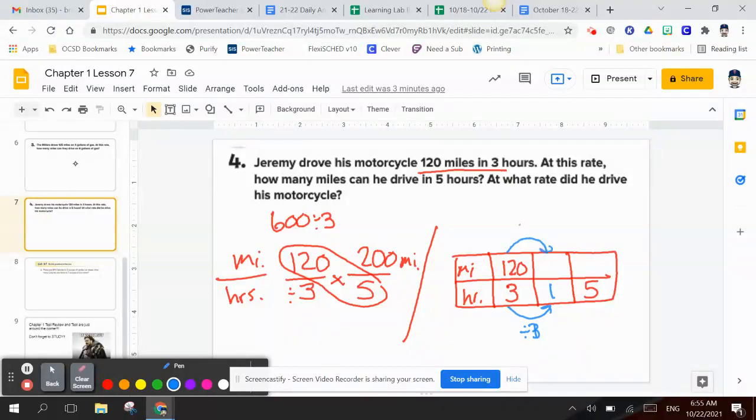So I do the same thing here. I divide by 3. 120 divided by 3 is 40. Now to find out how far I can go in 5 hours, what do I have to do to 1 to get 5? Well, I have to multiply by 5. So then I do the same thing to the top number, and 40 times 5 is 200. So there's 2 different ways that you can look at doing those. I would prefer the cross multiply and divide method, but you may also use the table if you would like.